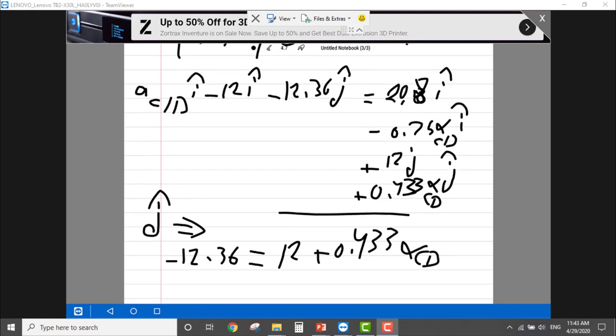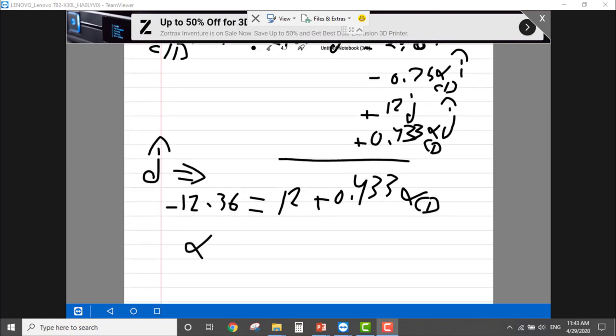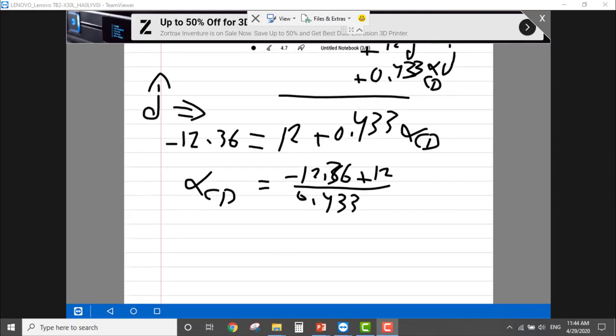From here, alpha CD is negative 12.36 minus 12, divided by 0.433.